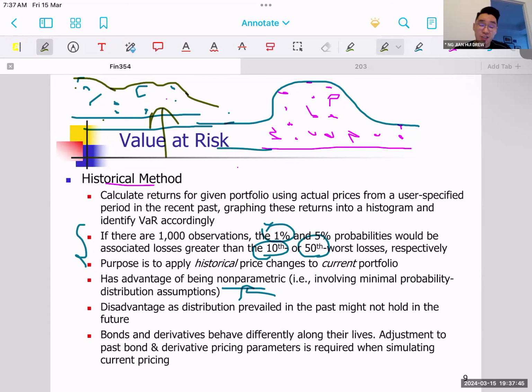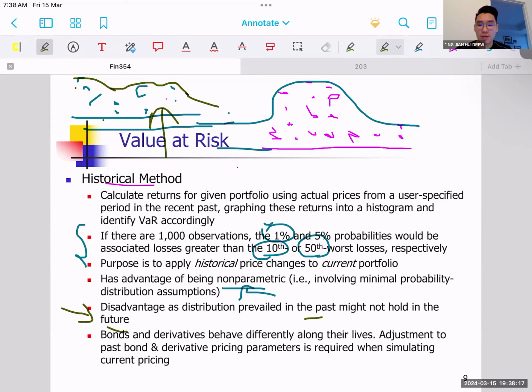Now, of course, the biggest criticism of the historical method is that the stock prices in the past might not actually reflect what's happening in the future, right? If you look at the stock market now, there's a lot of exuberance in tech stocks, and we are in a stagflation situation, which is very unique because this is the first time in history where we are in a stagflation slash soft landing slash recession.